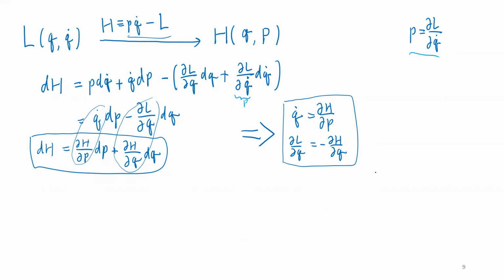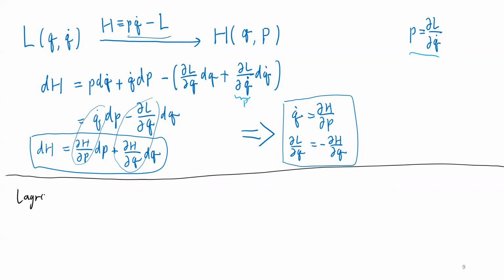So now let me put the physics element into this. From the Lagrange equation, this is what we have: partial L partial Q minus d dt partial L partial Q dot equals 0.